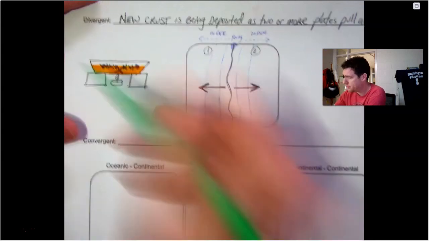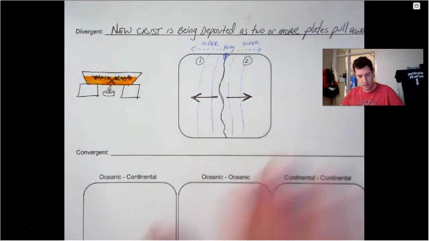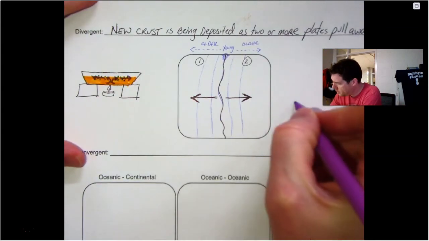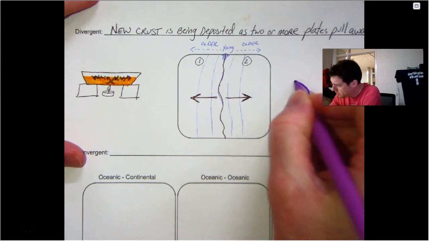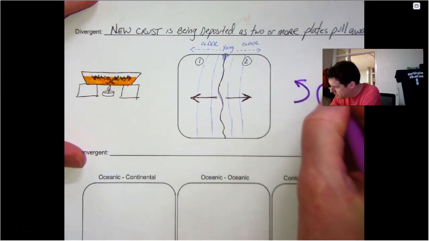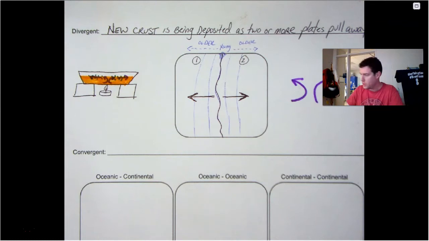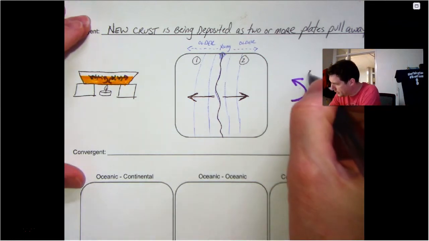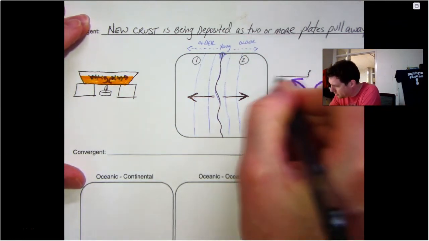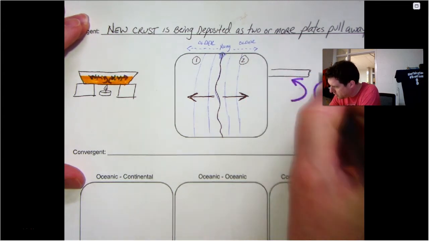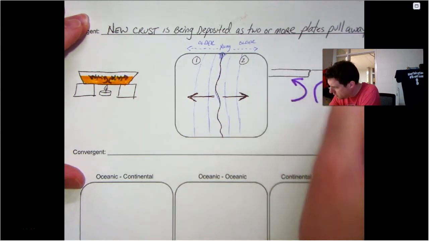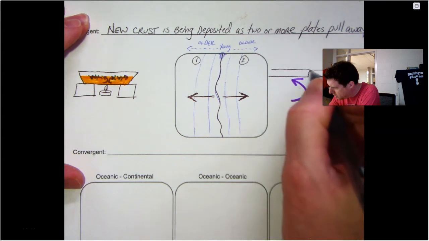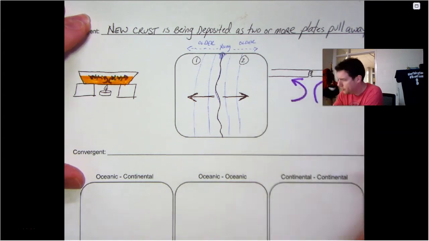You have the asthenosphere underneath our crust. The asthenosphere is doing this, and that is causing a gap, a break in our lithosphere. Right?